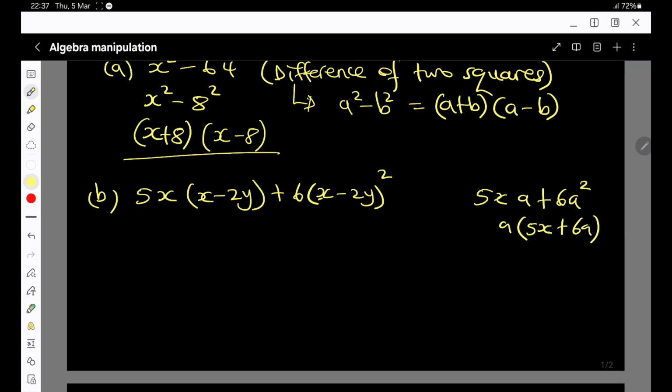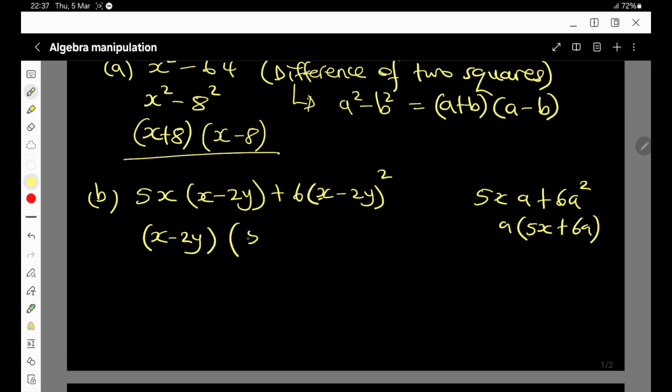So that when you multiply a back inside, it goes to 5xa, and then this goes to 6a squared. This is the same thing, only that instead of a, the value that is repeating here is x minus 2y. So we're going to just factorize out x minus 2y outside the brackets, and we remain with, this is already out.